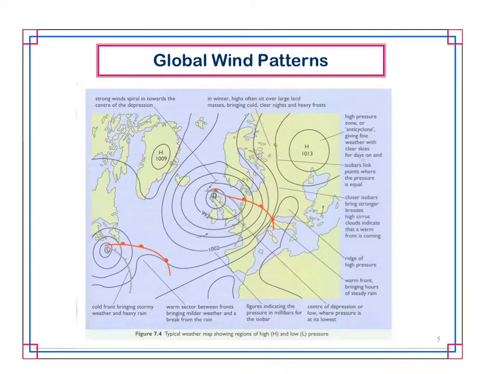Globally, we can look at global wind patterns, and this is actually looking at it over Europe, and you can see some of the pressure changes and some general patterns of flow. It's hard to see here, but you can see some of the pressure levels. And we go from a higher to a lower pressure, so the prevailing wind direction would be in that location.